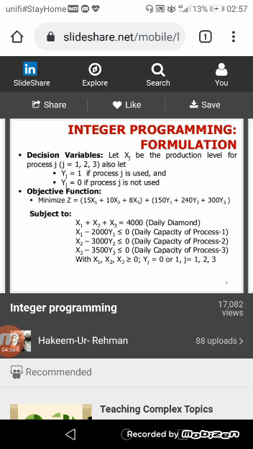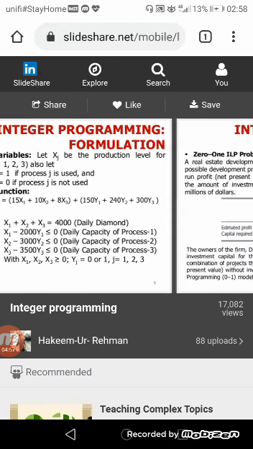So in this case, there is a combination of variables that must be integer and also linear or real numbers. So this is what we call the mixed integer linear programming problem. The solution can be both integer and real number.